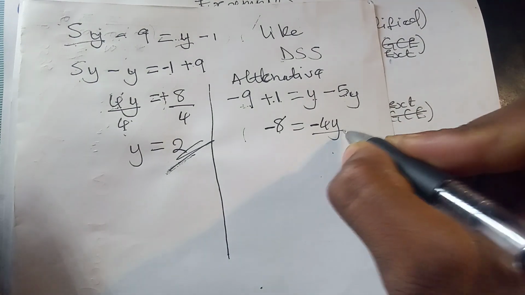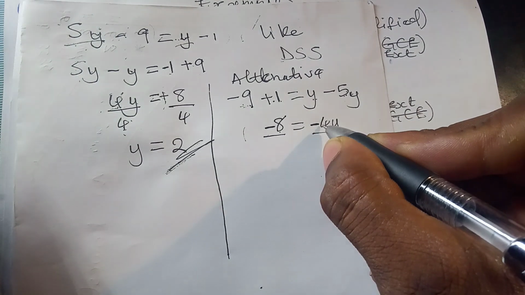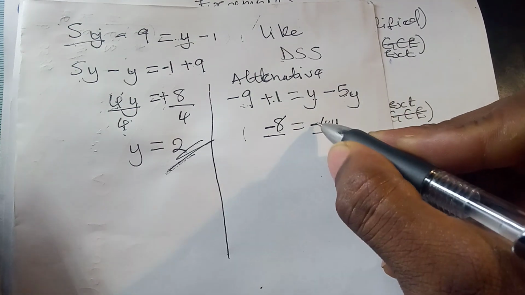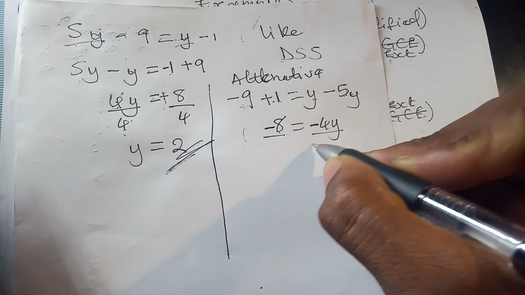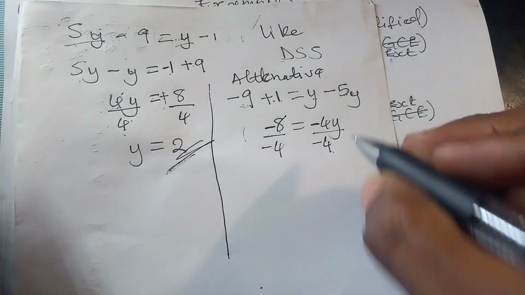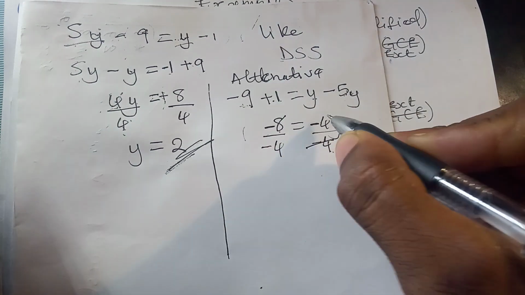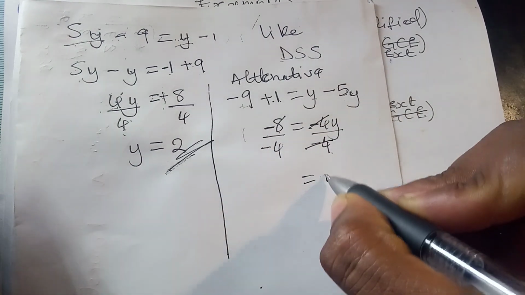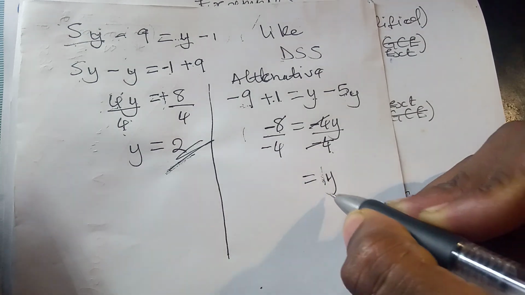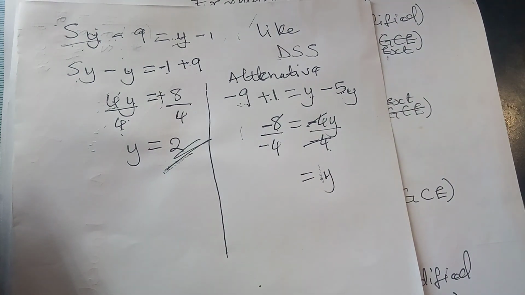And then you divide both sides by negative 4. So in this case, you have a negative 4 as the coefficient of y. So make sure you divide both sides by negative 4. So negative 4 into negative 4 is 1. But we don't normally write a 1. So we can just leave it as a y.